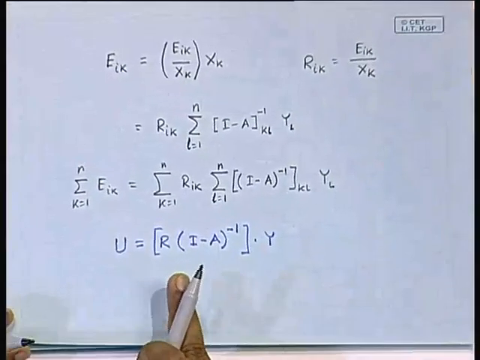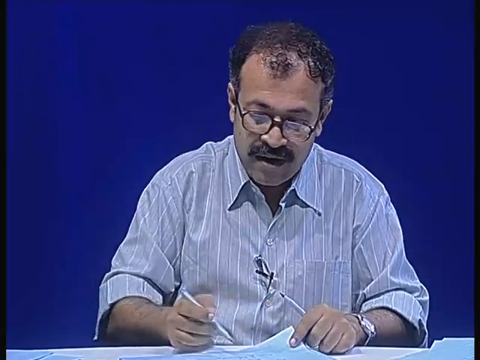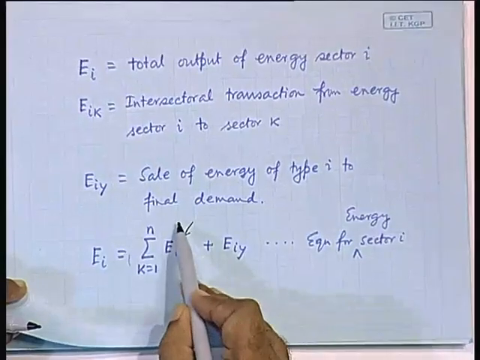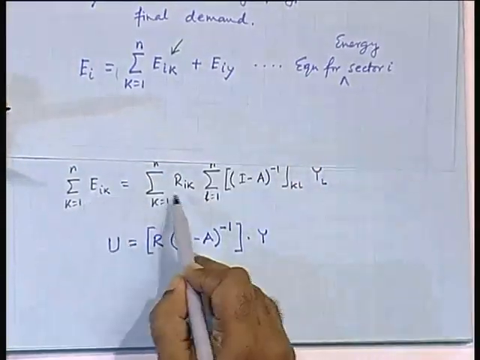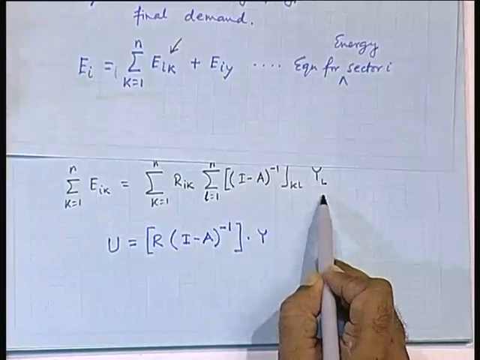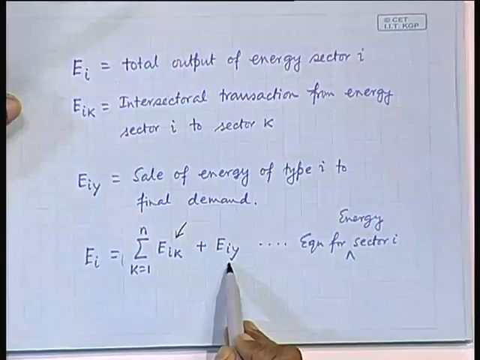Now, this is only the indirect use of energy. There is also a direct use of energy. This is the indirect use of energy component, which we have written in the expanded form. In addition to that, there was the direct use of energy.